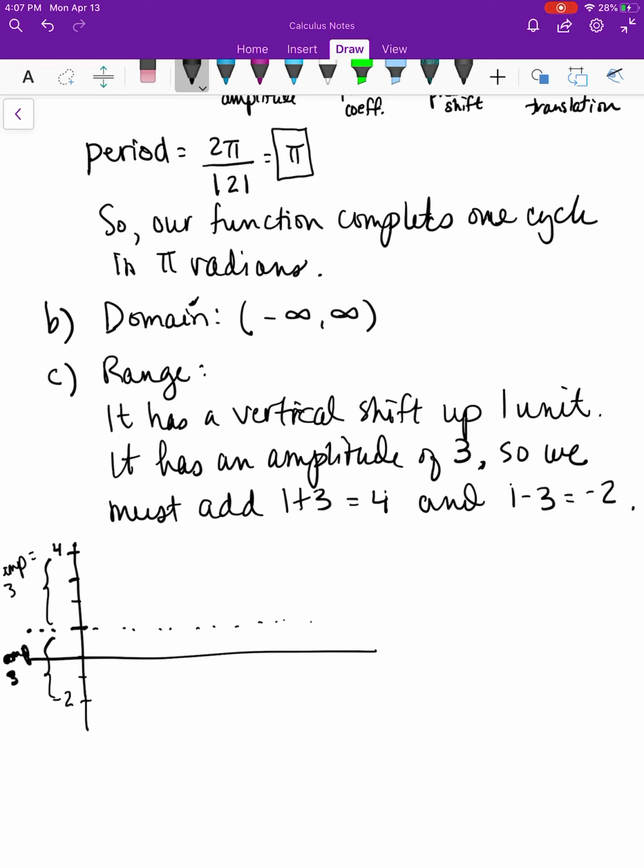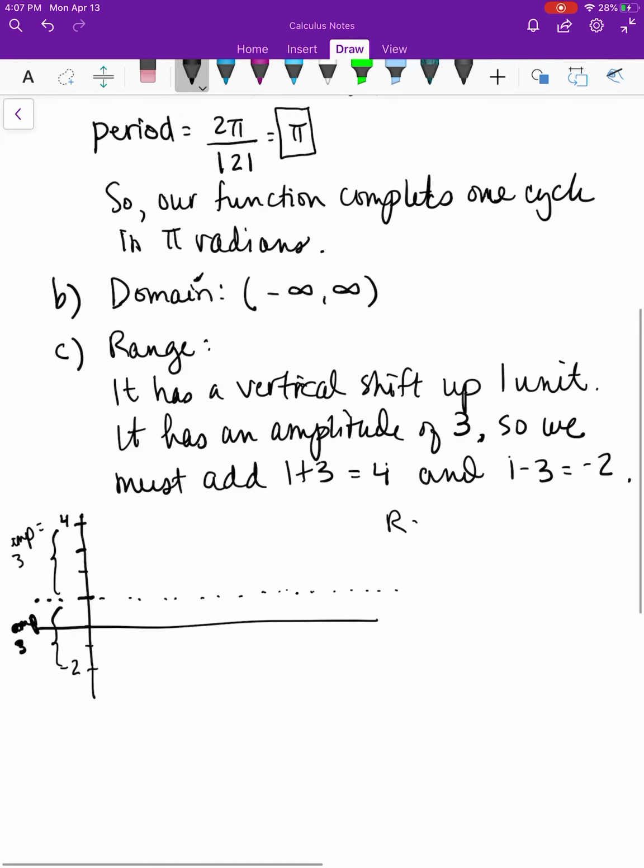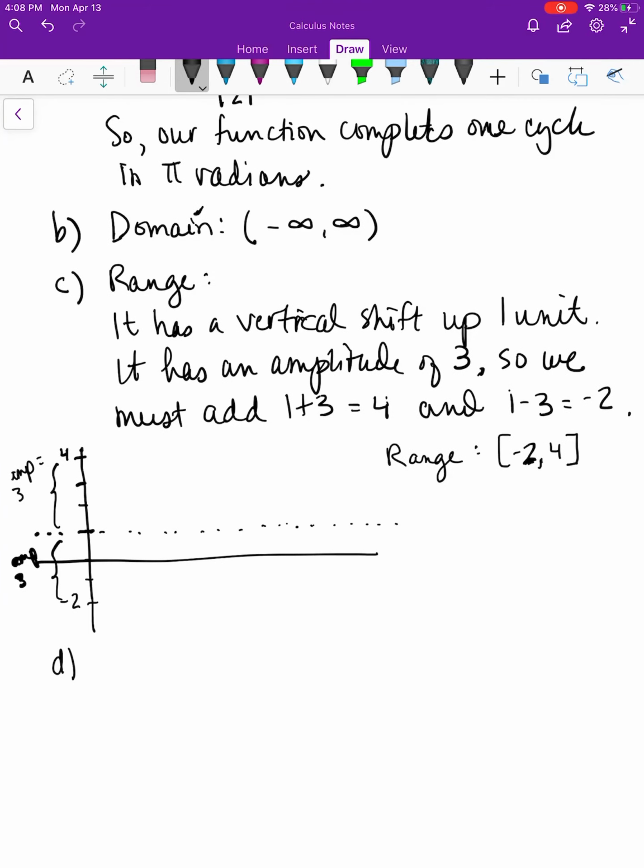You can see that this shows you've got your amplitude of 3 here and your amplitude of 3 here. And so the center line is y equals 1 because the whole thing was shifted up 1. So that gives you a range from -2 to 4. That really does help you when you're figuring out your range, okay? 4 is going to be your highest, your maximum. -2 is going to be your lowest, your minimum.